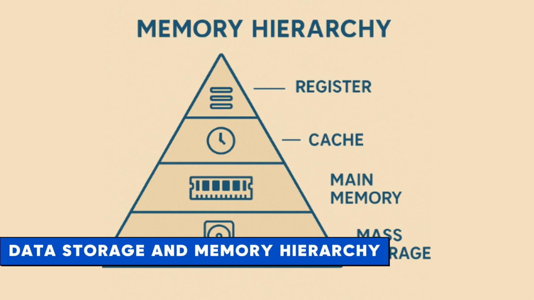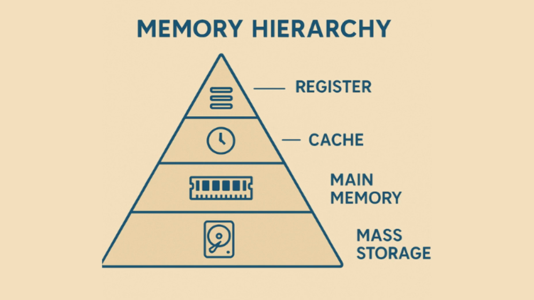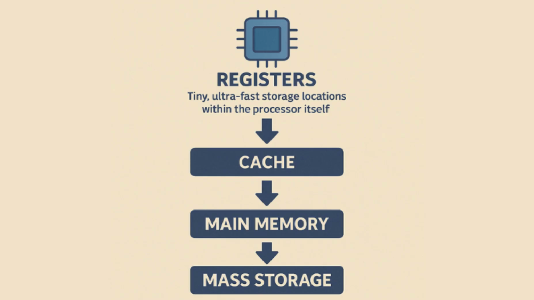Computers use a hierarchy of storage systems, balancing speed against capacity and cost. At the top are the CPU registers, tiny ultra-fast storage locations within the processor itself. This holds the data currently being processed. Next is the cache, small amounts of very fast memory built into the CPU.